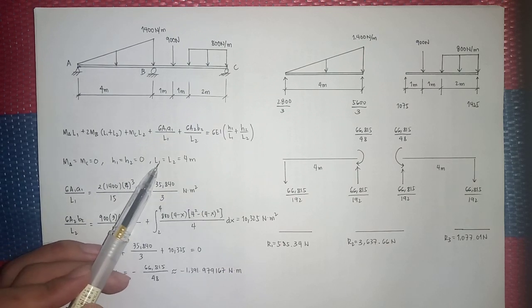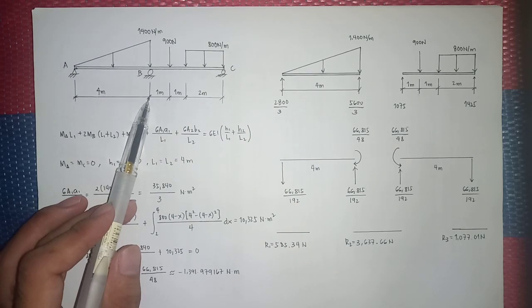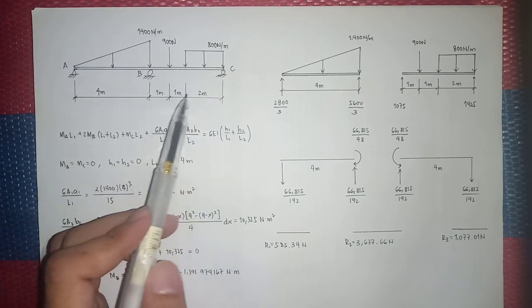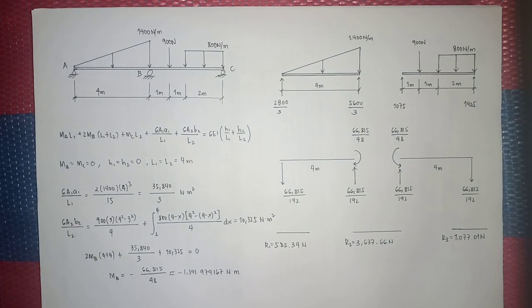So we also have what? L1 and L2 nagkataon na parehas 4 meters. So yung left span is 4 meters, then yung right span is 1 plus 1 plus 2, that is 4 meters also.